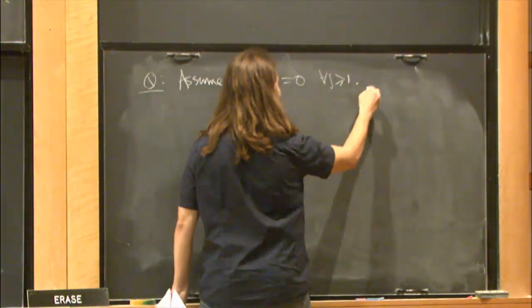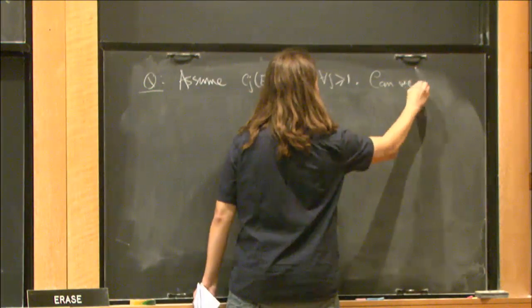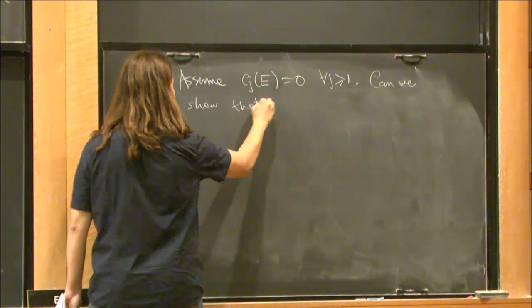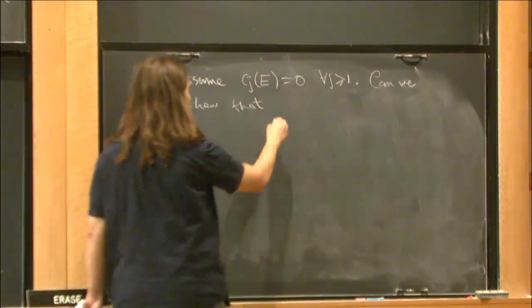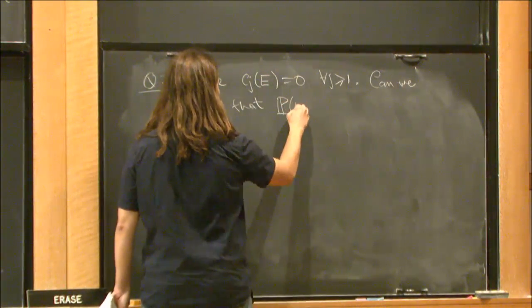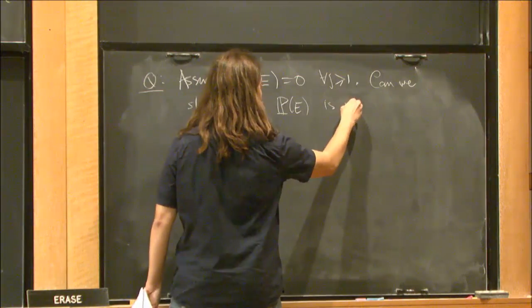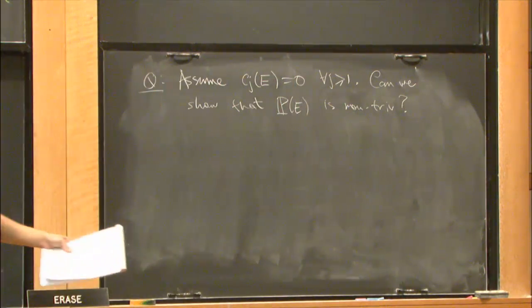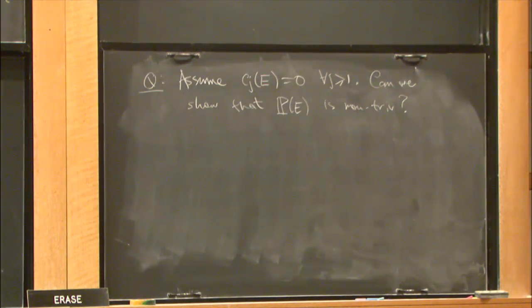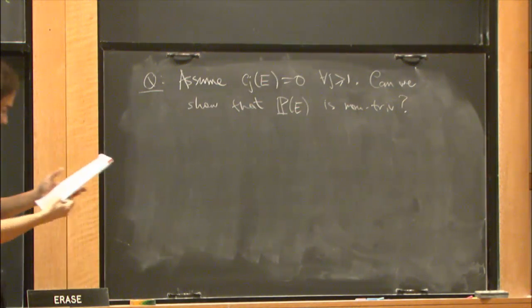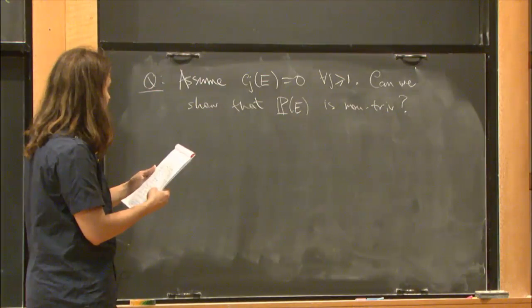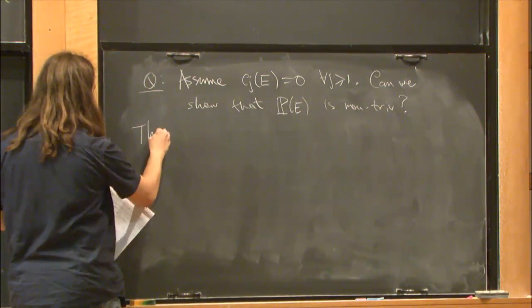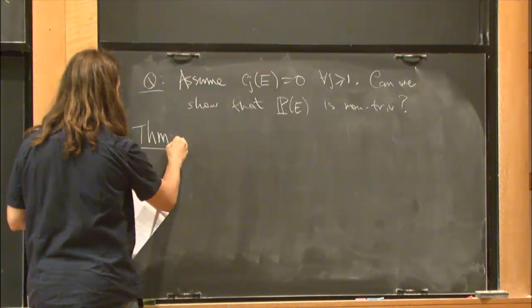Can we show that P of E is non-trivial somehow? And our theorem is yes, we can show.